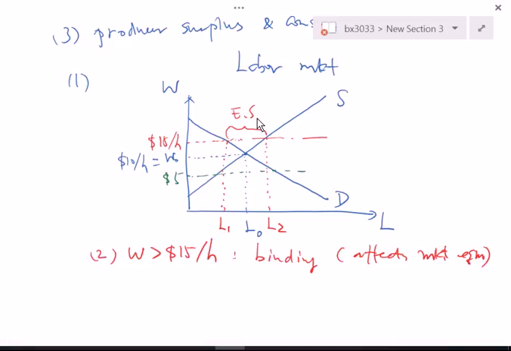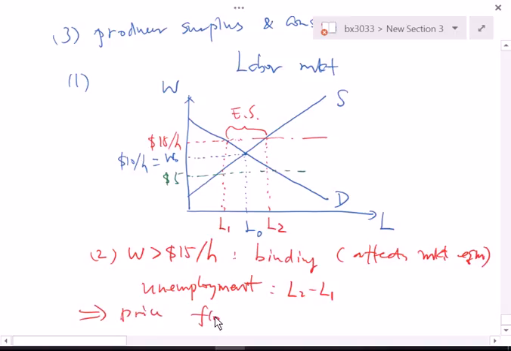So there's unemployment: L2 minus L1 workers who want to find a job but couldn't. And we call this a price floor. This is the government regulation that the market price cannot be less than a certain level.